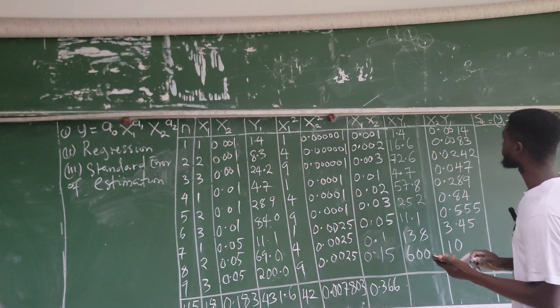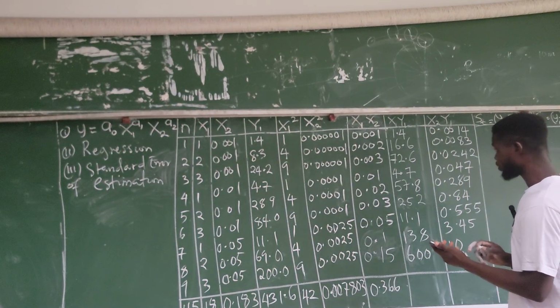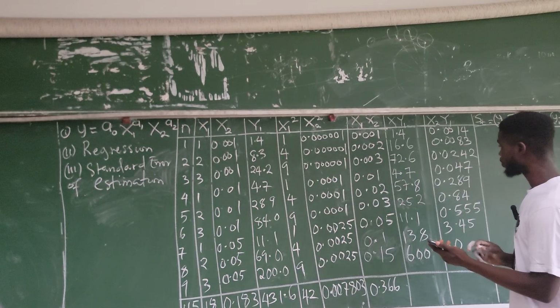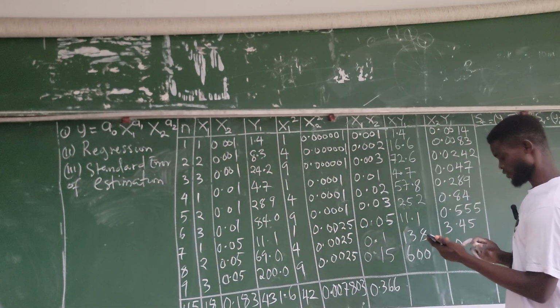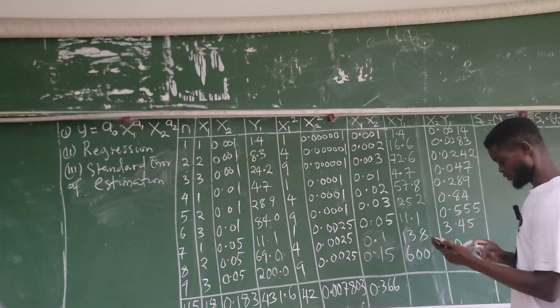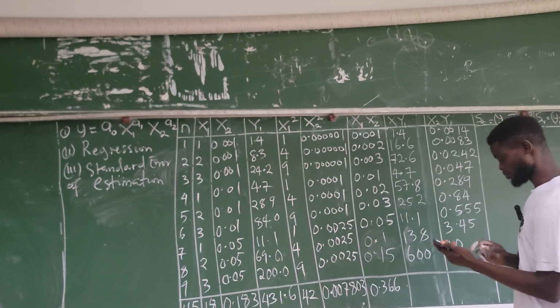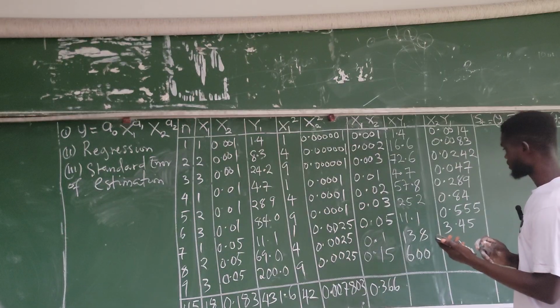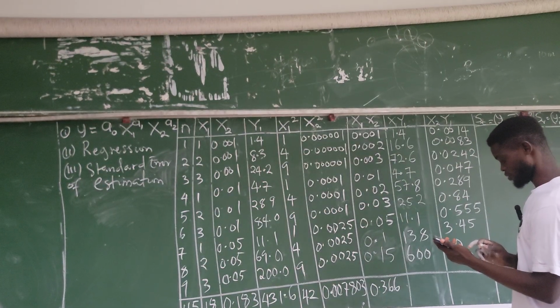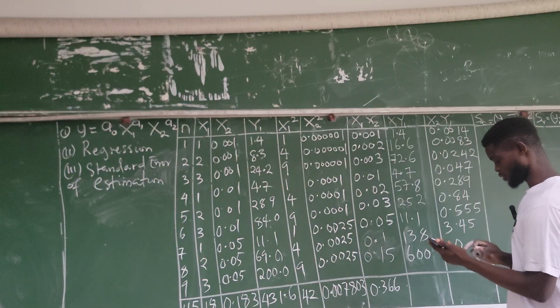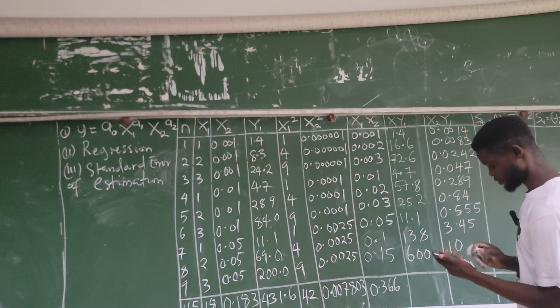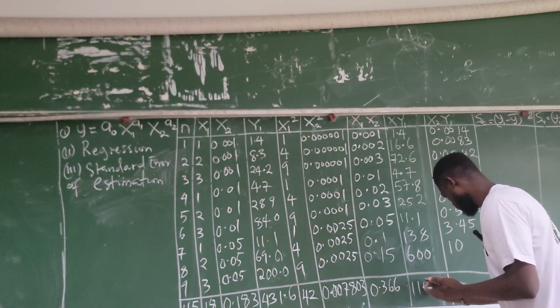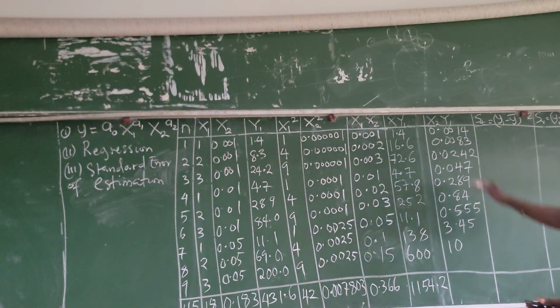So we have 1.4 plus 16.6 plus 72.6 plus 4.7 plus 57.8 plus 25.2 plus 11.1 plus 138 plus 600 is equal to 1154.2.